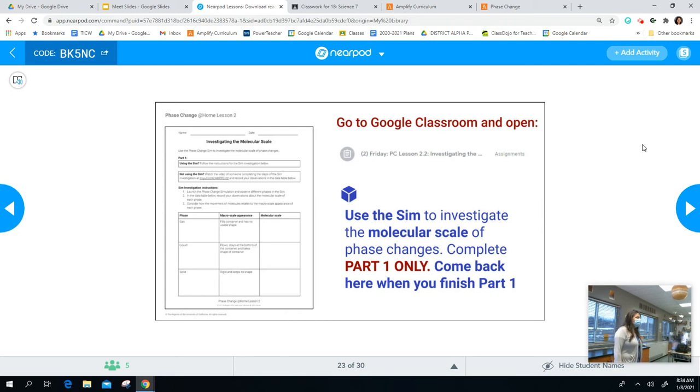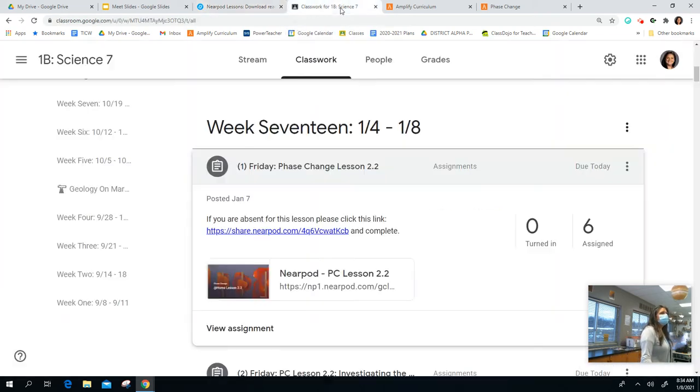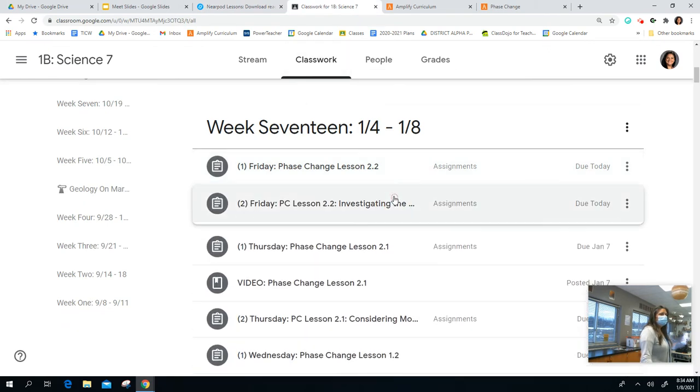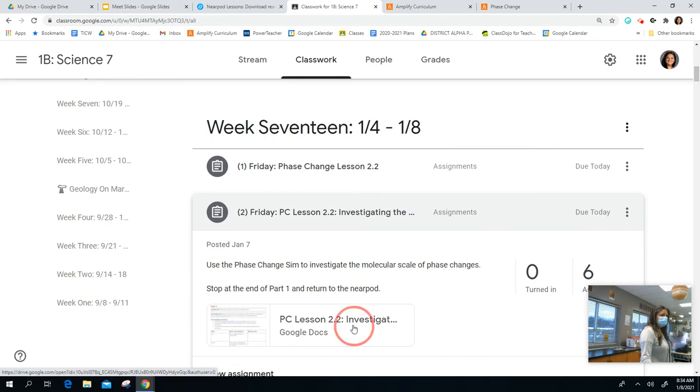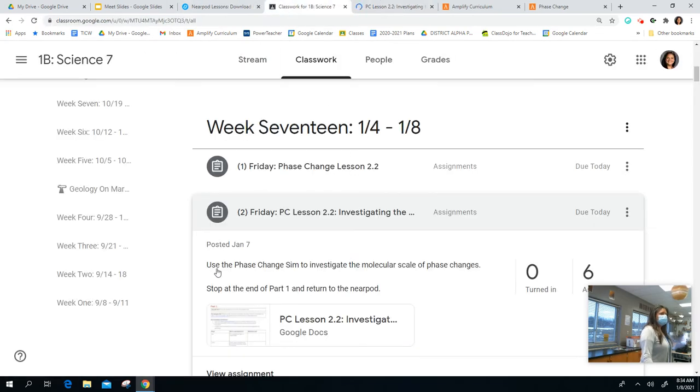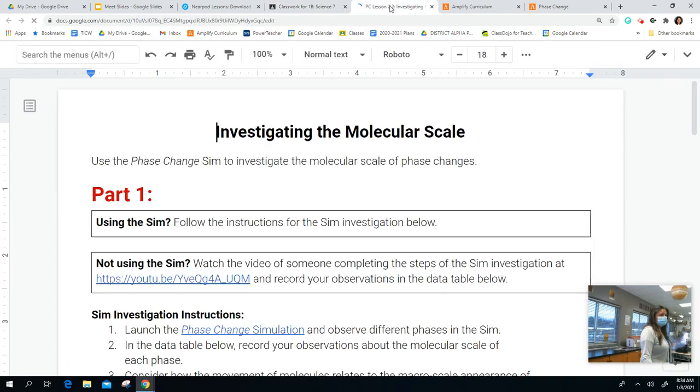Complete part 1 only. Come back here when you finish part 1. The directions here: use the phase change sim to investigate the molecular scale of phase changes. Stop at the end of part 1 and return to the Nearpod.